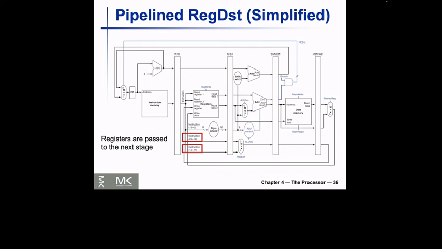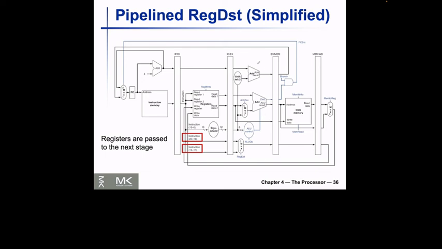In this design, although we will modify it again in a minute, it computes the target address and RS minus RT simultaneously in the third stage. So here this ALU is computing RS minus RT, whether they are equal or not.